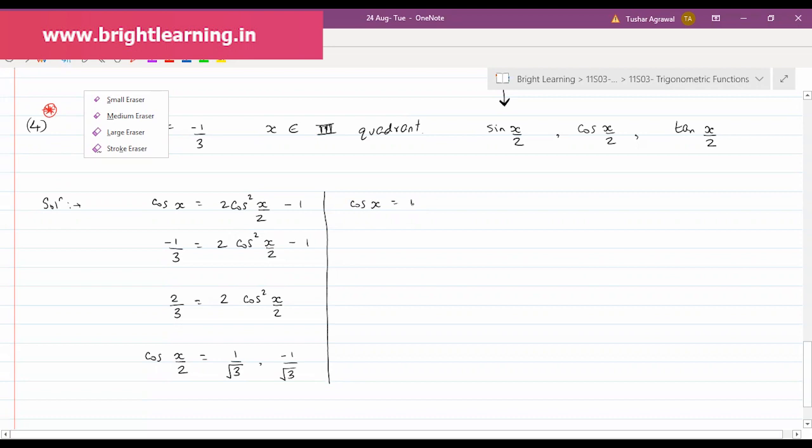Similarly, for sin x by 2 also, cos x is equal to 1 minus 2 times sin square x by 2. Minus 1 upon 3 is equal to 1 minus 2 times sin square x by 2. 1 plus 1 upon 3 becomes 4 upon 3, and 4 upon 3 divided by 2 is 2 upon 3.